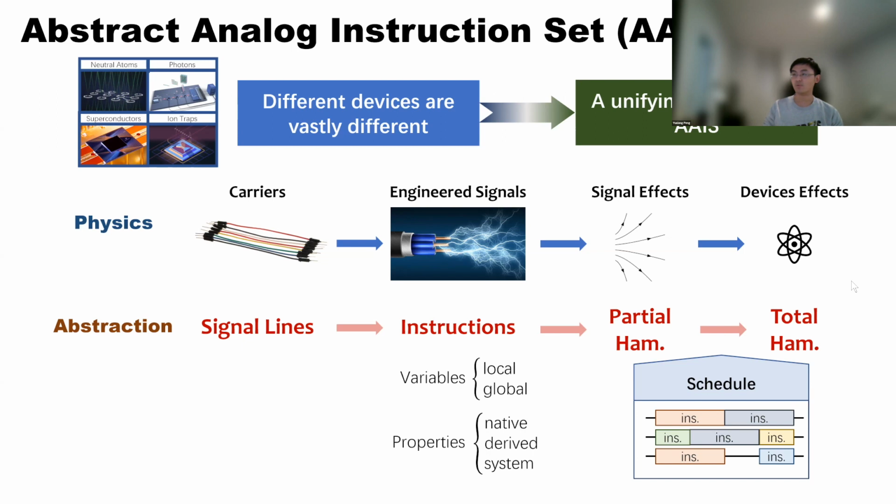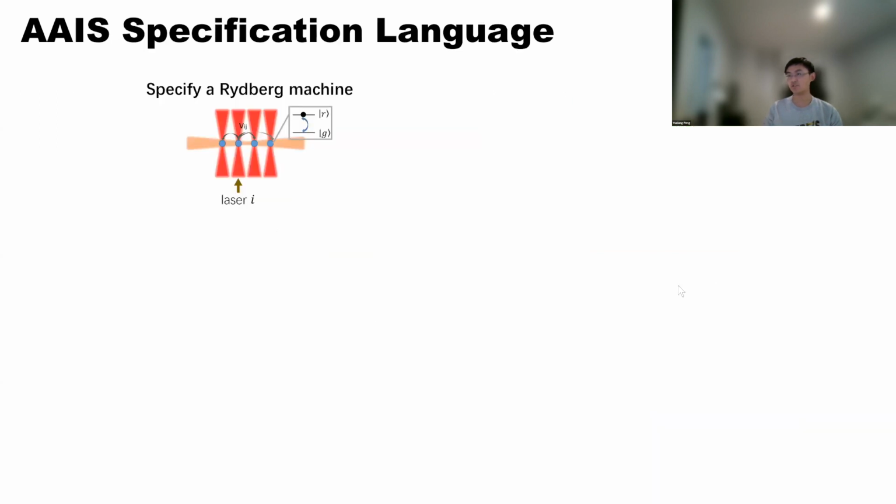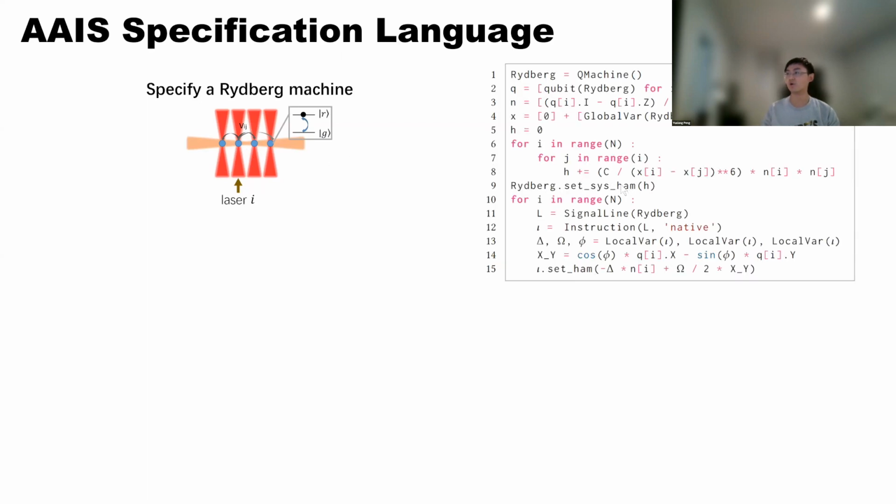And to program it, we use a language called the AAIS specification language. For example, if you want to specify a Rydberg machine, which contains several atoms and several laser beams, we can use code in this form.